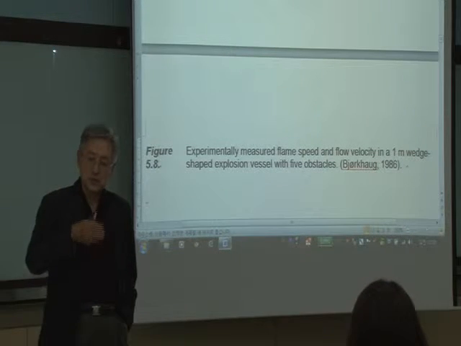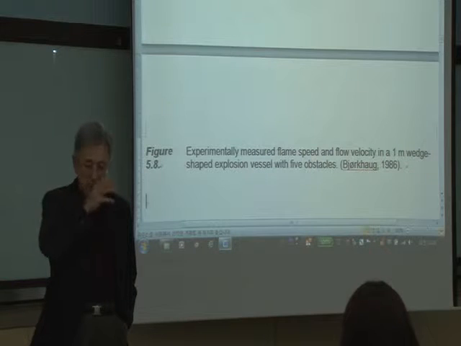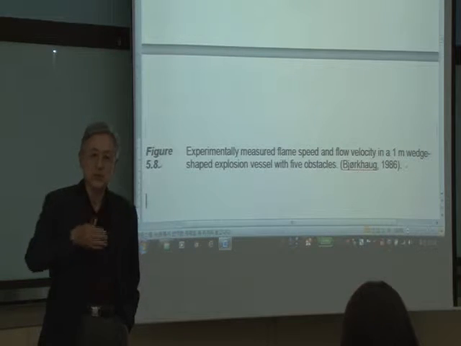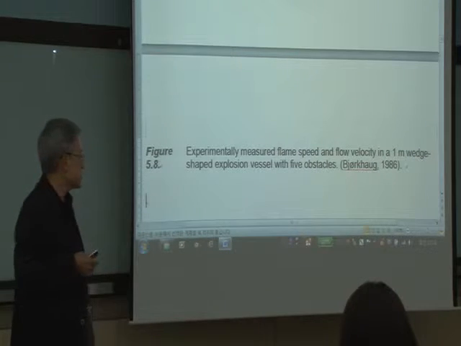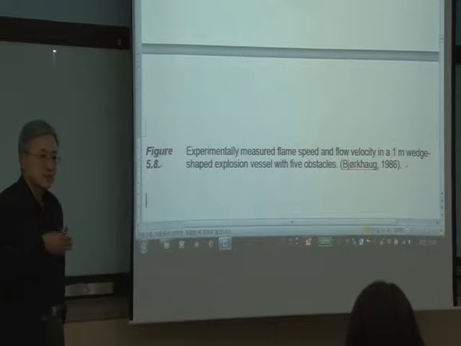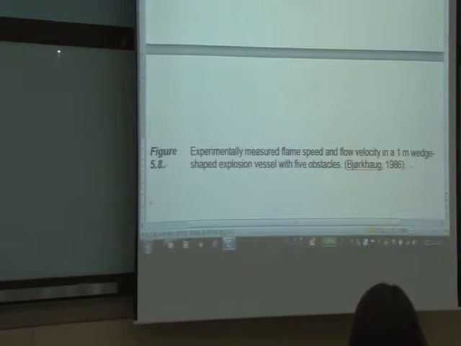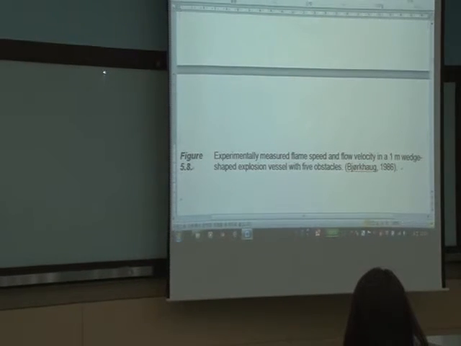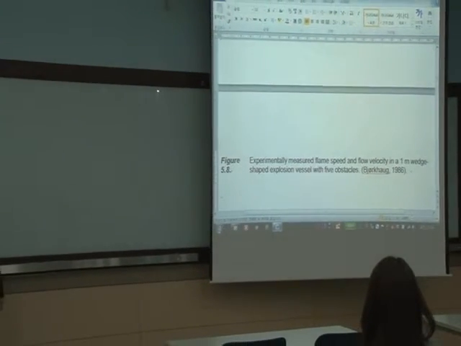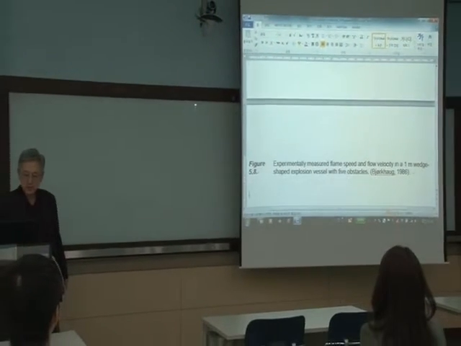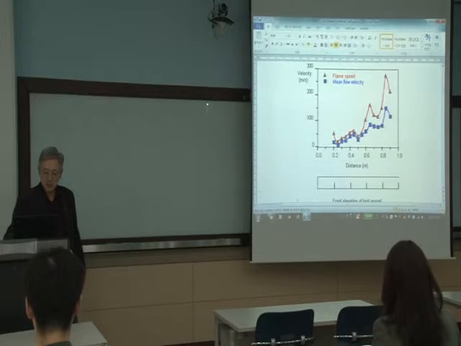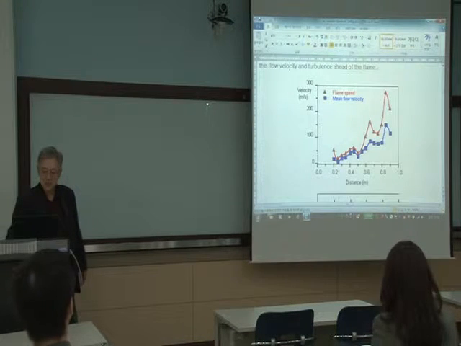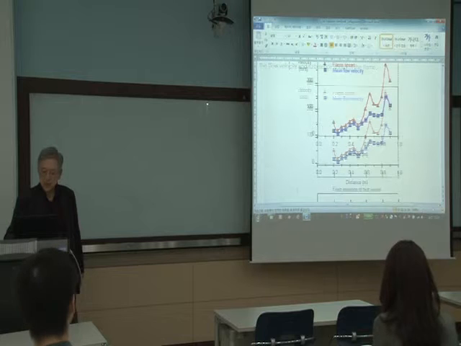We have 3 or 4 experiments this particular chapter introduced. Then you saw the 1 meter long wedge-shaped experiment with the perforated plate or a solid plate and vice versa. Then it shows here.